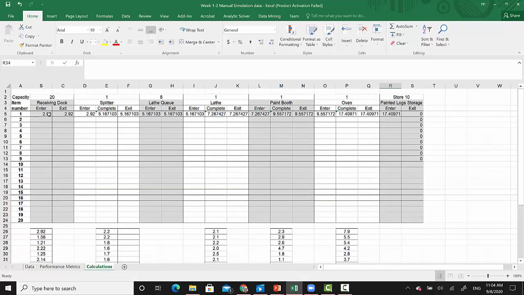So the first item is pretty unique because it's the first item into the system, and before that the system is completely empty. So it won't need to wait at any location. It can always go to the next locations because there's no item before it. But starting from the second item, we need to consider if the previous item finished their work there.